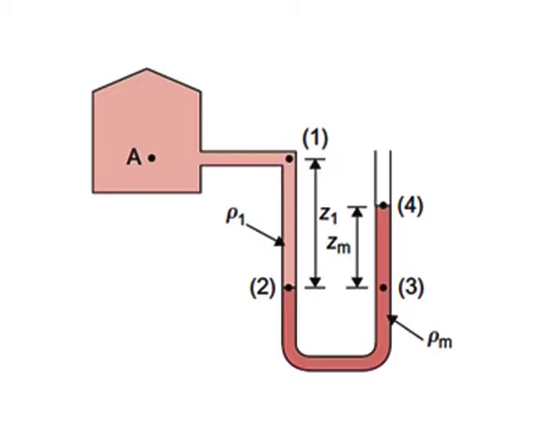Pressures at locations 2 and 3 are the same because they are at the same elevation and the fluid between locations 2 and 3 is the same. From location 3 to 4, there is a decrease in pressure equal to rho m g Zm. The manometer fluid at location 4 is exposed to atmosphere.